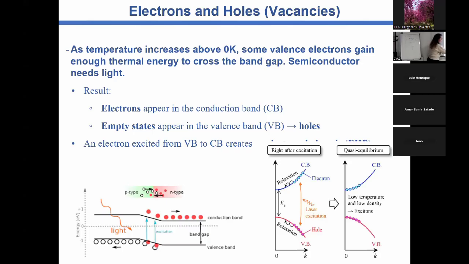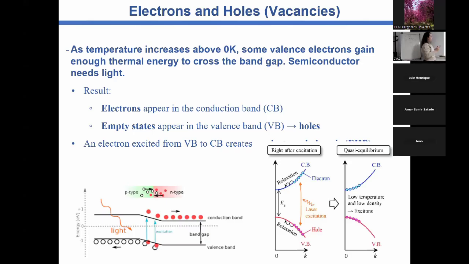And when we make junctions, we can move these free charges, the free electrons and free holes, in different directions and create, for instance, the photovoltaic effect.